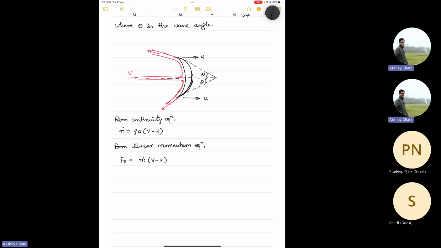Okay, and then once it hits the plate, again the sign convention is this direction we are considering positive, this direction we are considering negative, minus what is going out. Maybe I can draw it here. This is your relative velocity, which is nothing but v minus u.